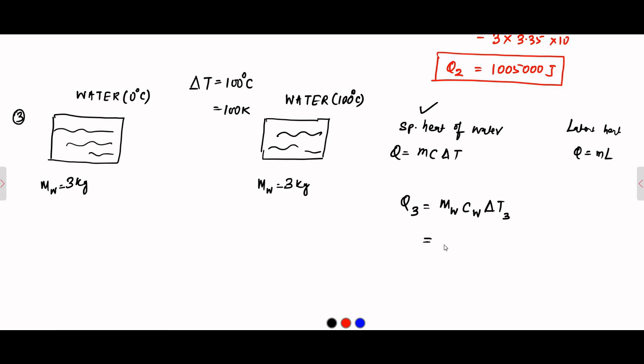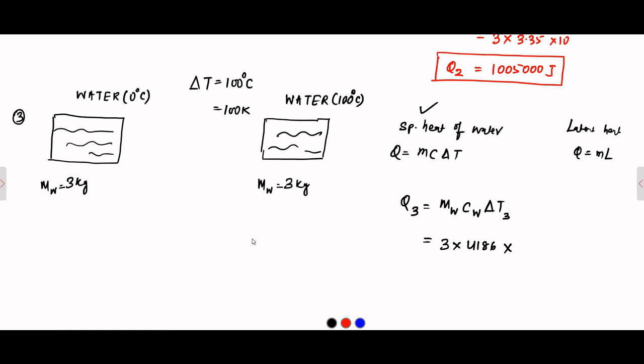So mass of water is 3, specific heat of water is 4186 joule per kg per Kelvin, and temperature increase of 100 Kelvin.